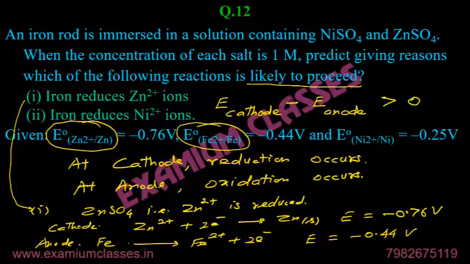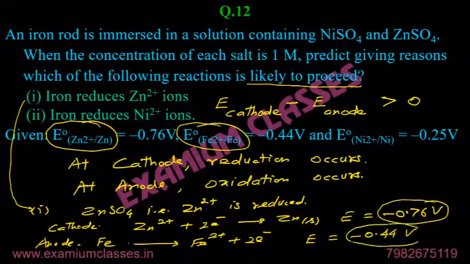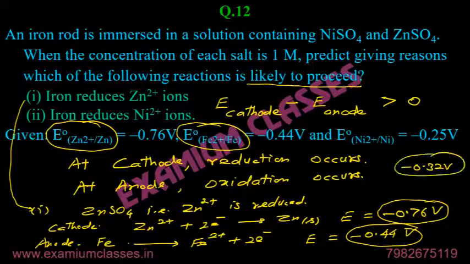Now we calculate E cathode minus E anode. In this case that value comes out to be minus 0.32 volt, and the reaction will not happen because it is not greater than 0. Clear?